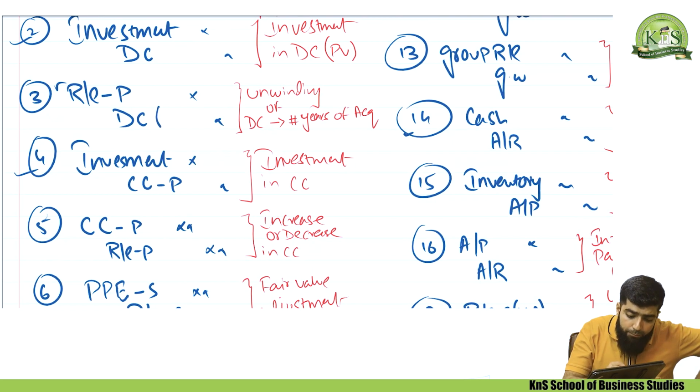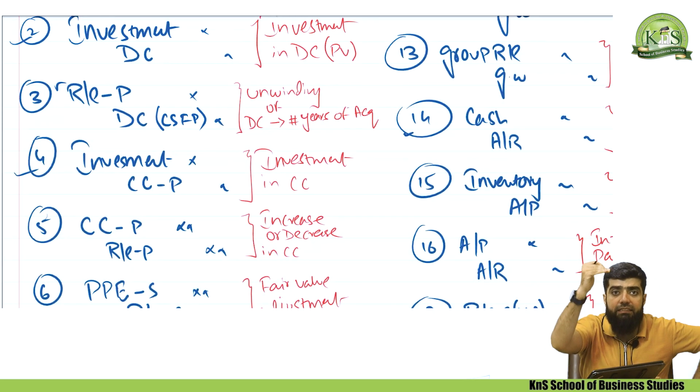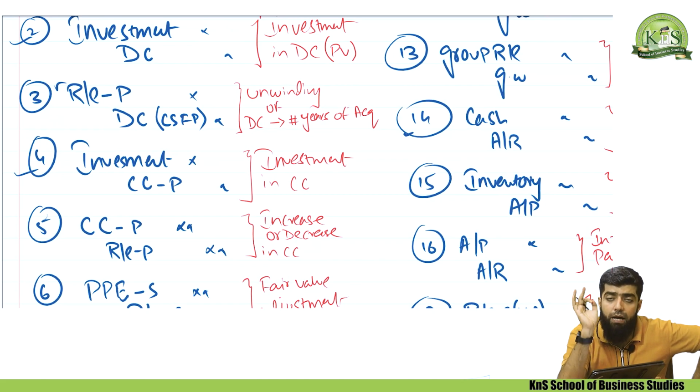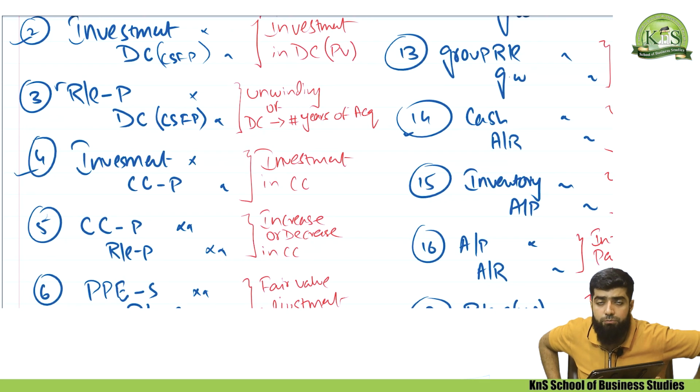You will prepare the CSFP finally, at the end of the question, and there is a probable chance that you will forget to add those deferred consideration values in the consolidated statement of financial position.